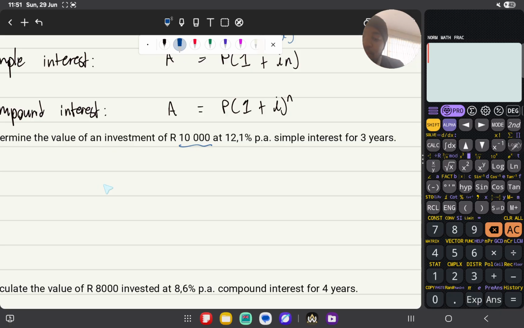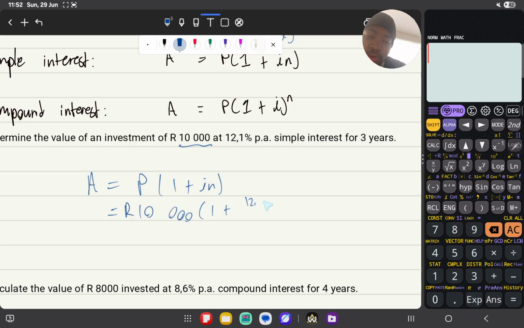The investment that was made was 10,000 rand, so you're calculating the accumulated amount. You have P(1 + IN), which is 10,000 rand. You can include the units if you want, but whether you do include them or not, don't forget to include them when you write your final answer.